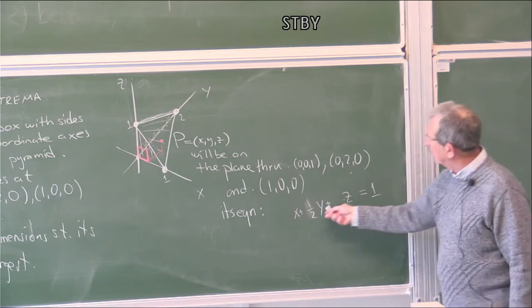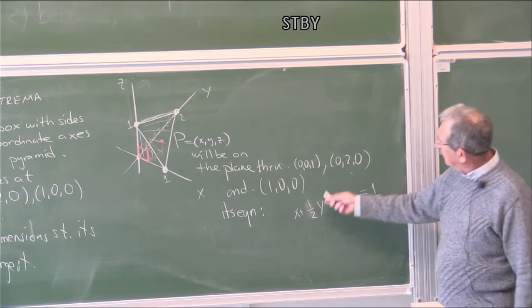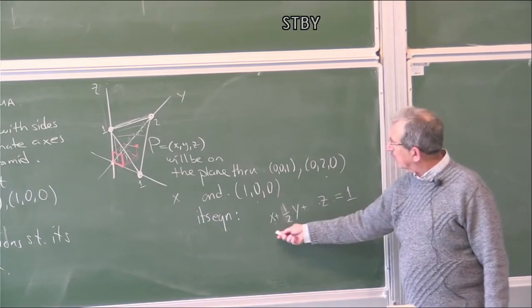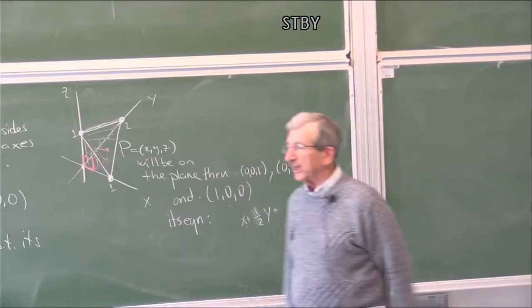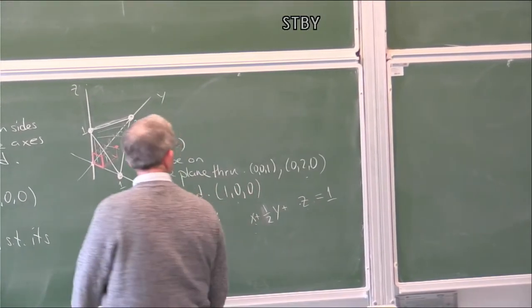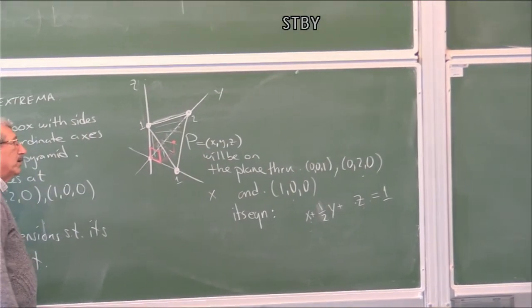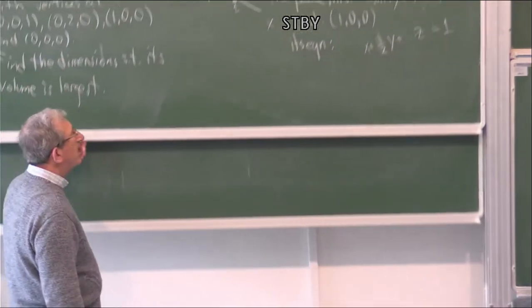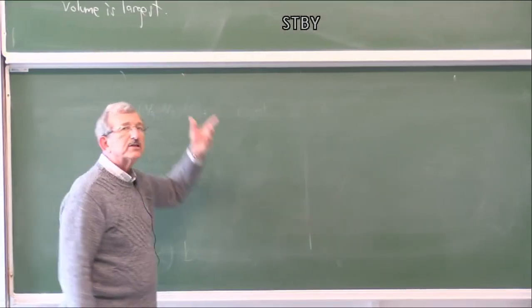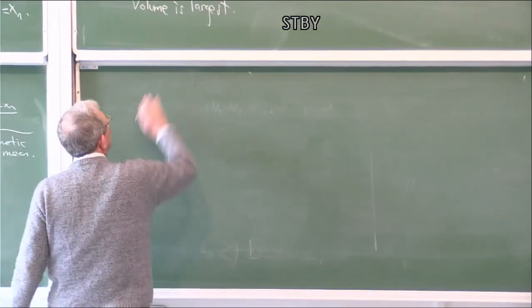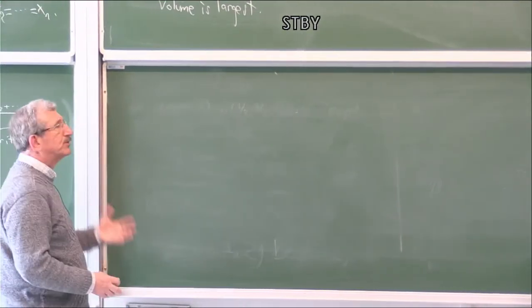So trivially, this satisfies all these points. Namely, if you put (0, 0, z), z is 1. If you put (0, 0, y), y is 2. And if you put (1, 0, 0), you get the rest. It passes through all these points. Well, so in the Lagrange sense, what does this problem say? It says the following. We want the volume to be maximum.